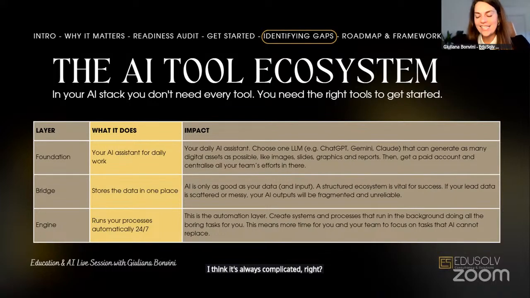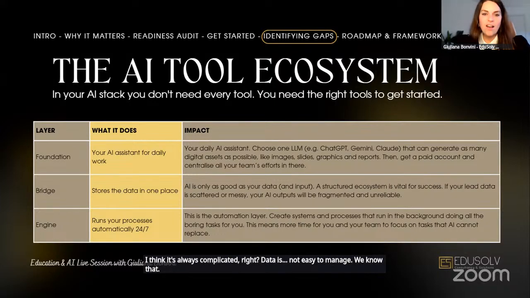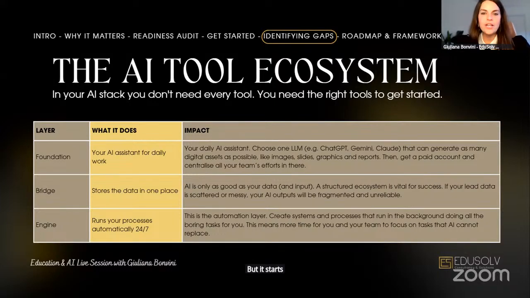Data is not easy to manage. We know that. But start thinking about how you're managing your data. Because without clean, clear, organized, tidy data, in markdown, it is really difficult to implement AI in it. Because the AI gets lost when the data is disorganized.